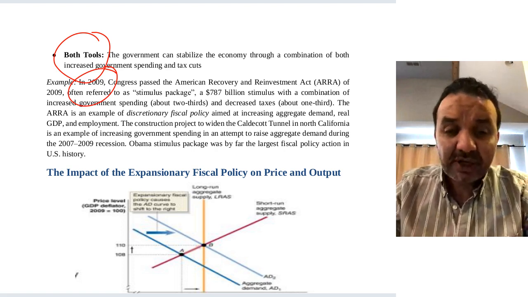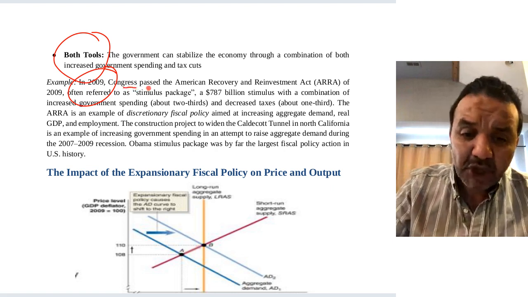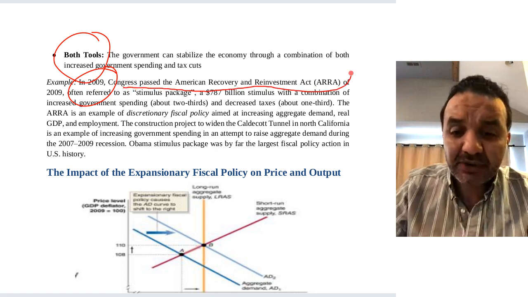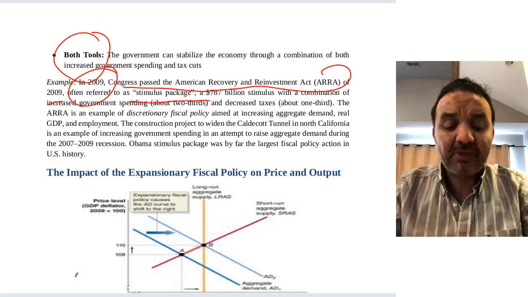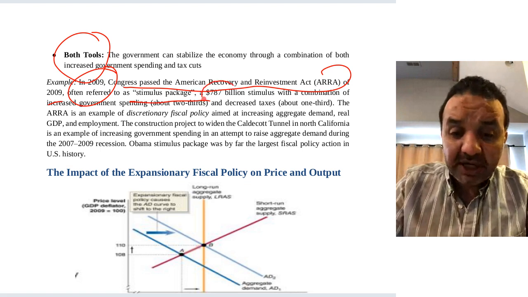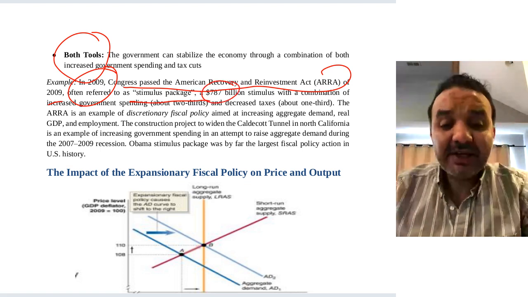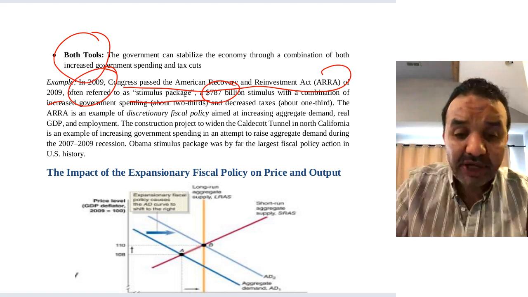So in 2009, after the 2007, 2008 financial crisis, Congress passed the American Recovery and Reinvestment Act, often referred to as the stimulus package. This stimulus package was 787 billion. And this stimulus was a combination of what?